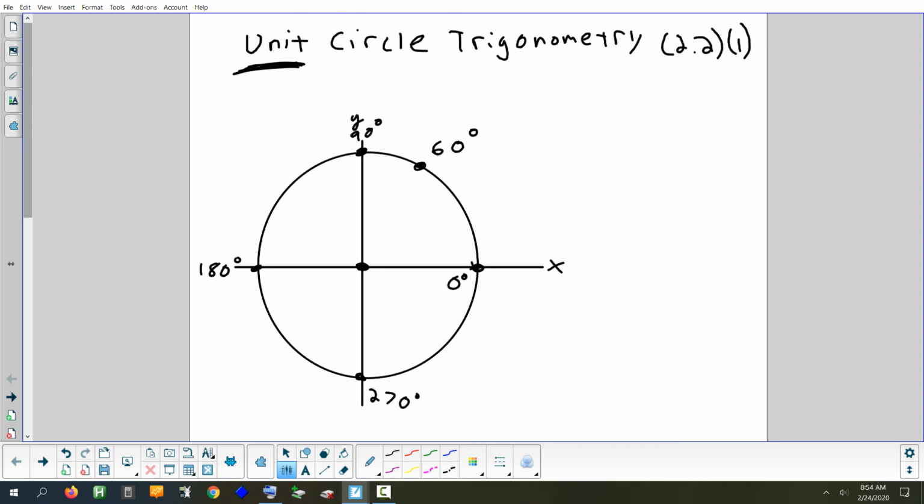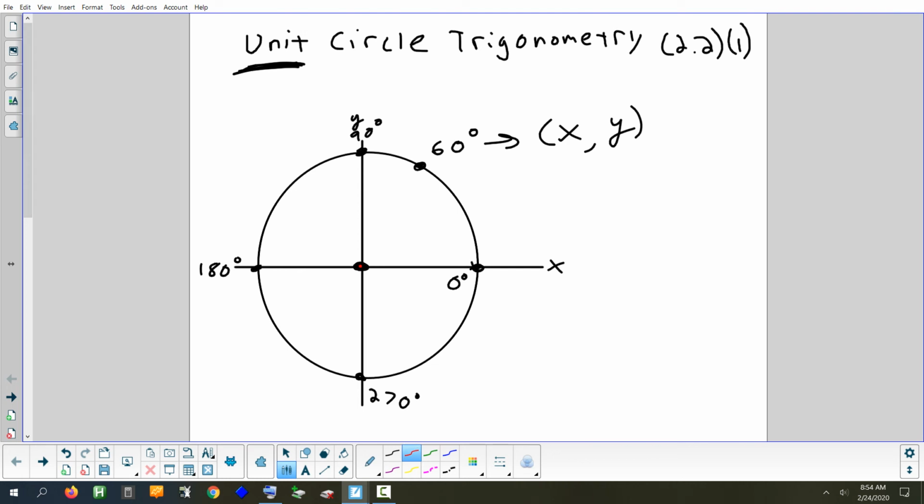What we're interested in is coordinates of points that are on the circle, like 0, 90, 180, 270, or even this one that I just drew, 60. So this point right here has a coordinate. If that's the origin, there's a way you can get to 60 degrees.